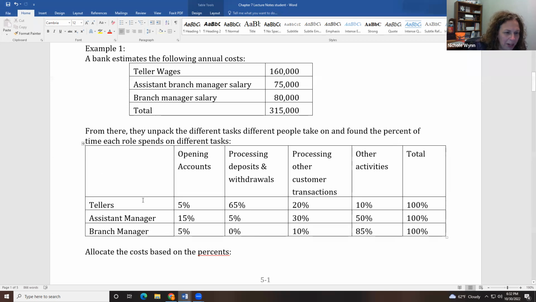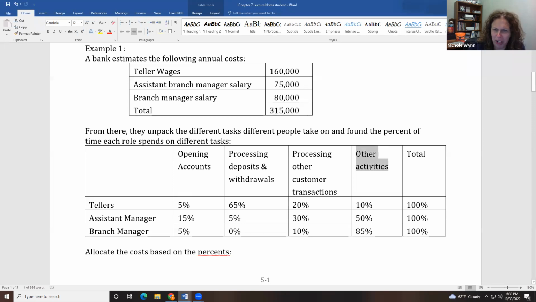Basically, teller wages in this particular bank are $160,000. We also have an assistant manager and a branch manager, so our total salaries and so on are $315,000. What I'm trying to figure out is what do these people do? They spend their time opening accounts, processing deposits and withdrawals, processing other customer transactions, like getting a loan, and then other activities, which could be anything else they have to do.